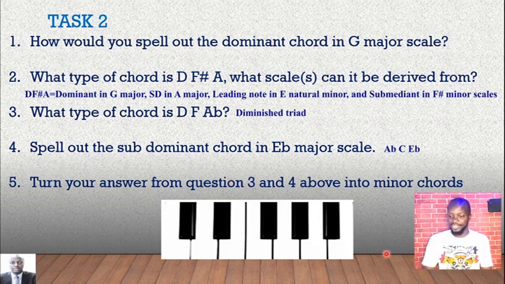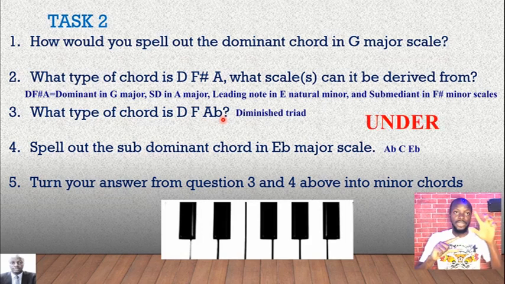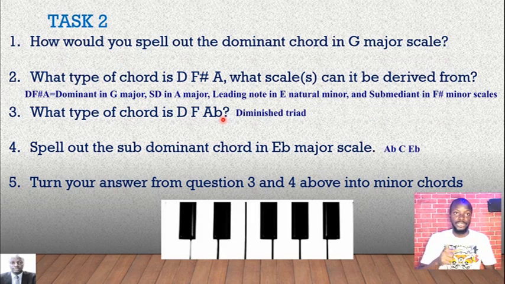The next question says, turn your answer from questions 3 and 4 above into minor chords, into minor triads. Alright, so in question 3, we have this chord as a diminished triad, or diminished chord. So how do you turn it into a minor chord, in such a way that you have a minor third between the root and the third, and a perfect fifth between the root and the fifth?